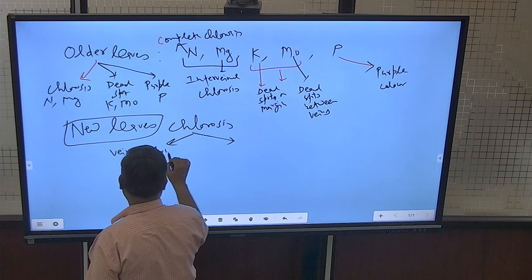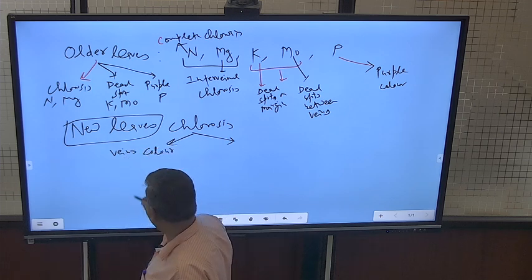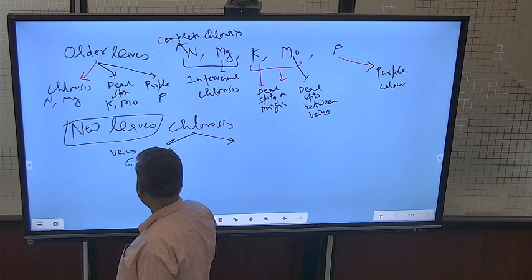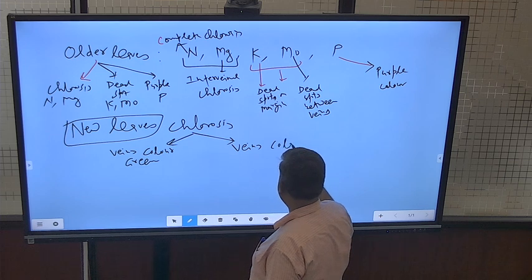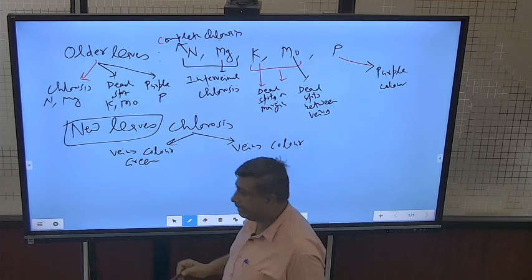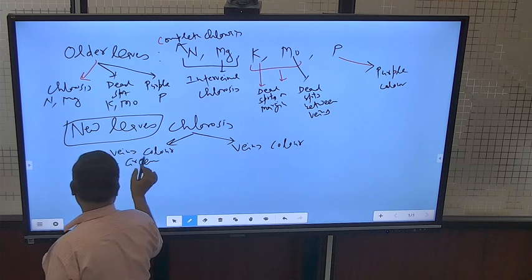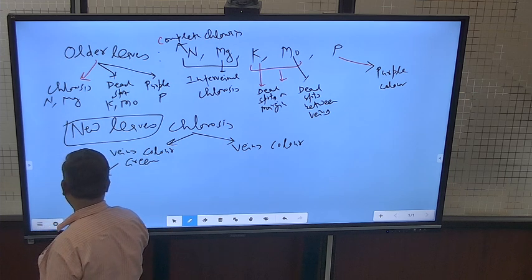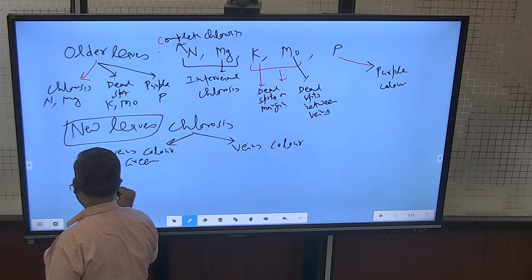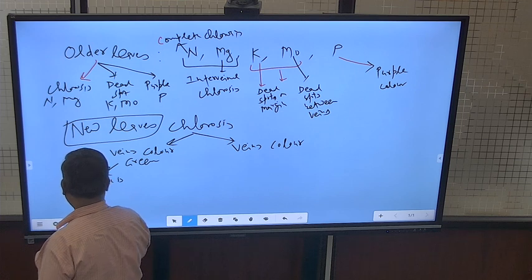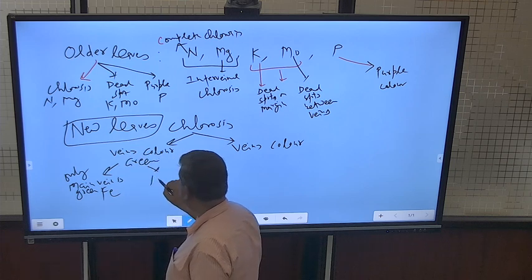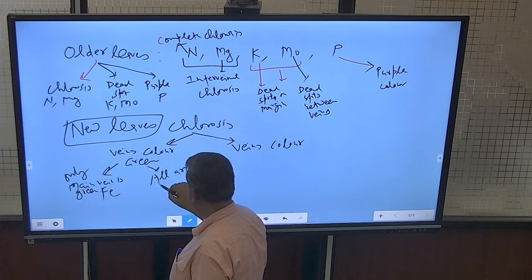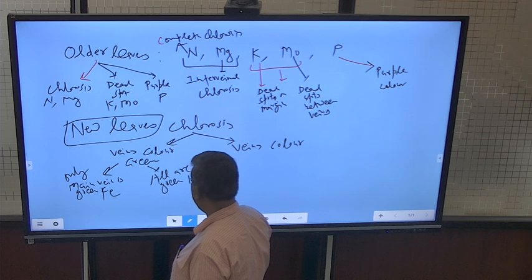If the vein color is green, and only the principal vein, the main vein, is green, then it is iron, with whiteness in case of iron. If all veins are green, then it is manganese.